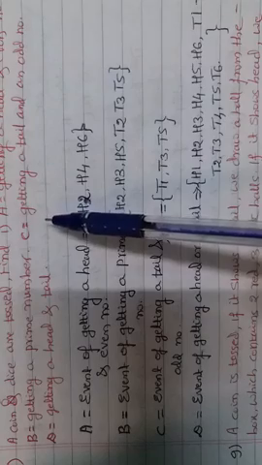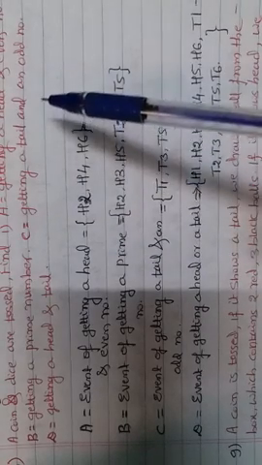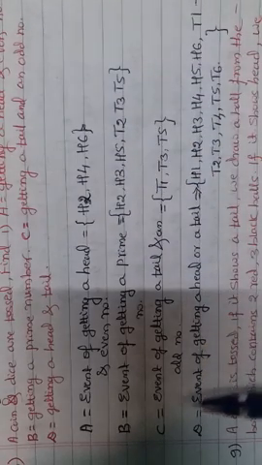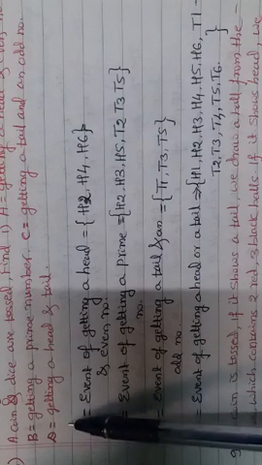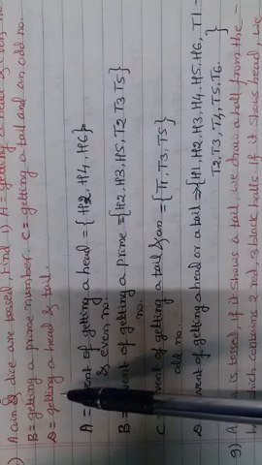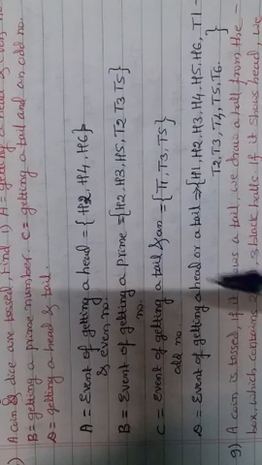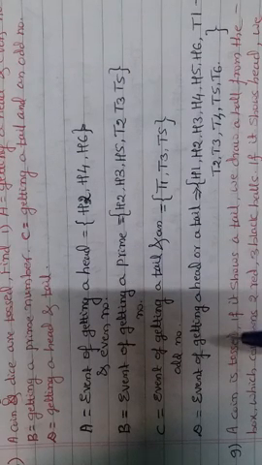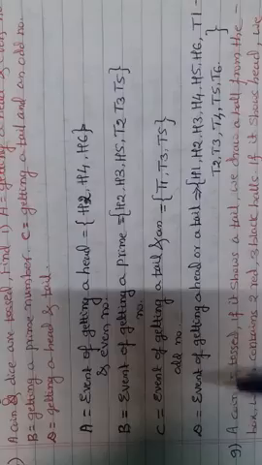Then capital C denotes getting a tail and an odd number. Here another one, D denotes getting a head and tail. Hence here 4 sub questions are there, when a coin and a dice are tossed.